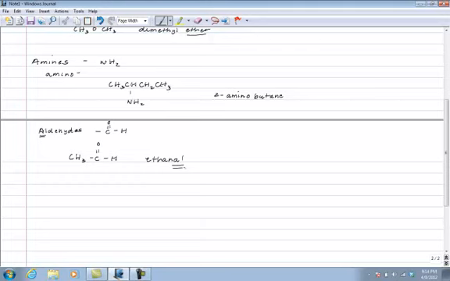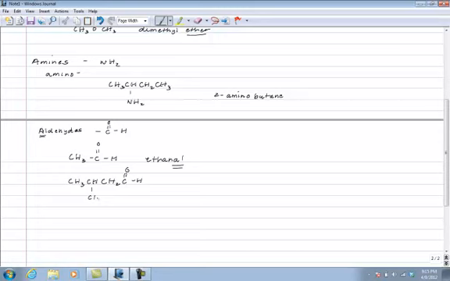Another example, CH3, CH, CH2, C double bond O, H, and I'm going to stick a Cl here. Again, we're trying to see what happens when we put a halogen mixed in with, in this case, an aldehyde, to change the name a bit.